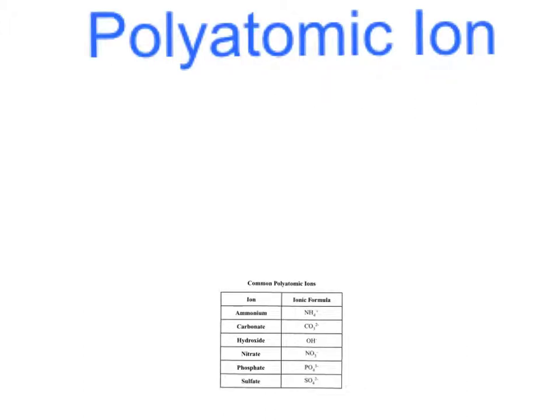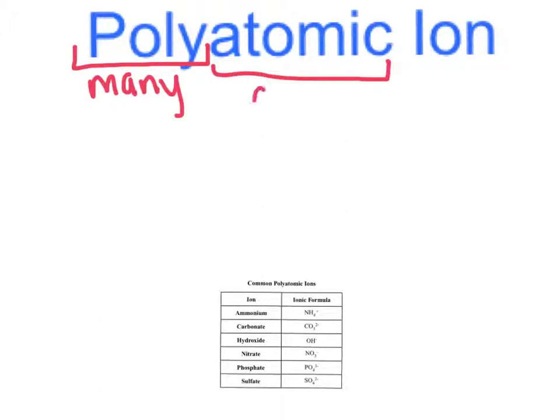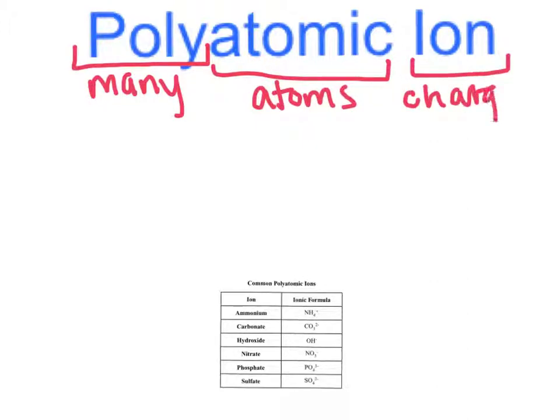So the first thing we're going to do is break down this word, polyatomic ion. Poly, this prefix means many. Atomic sure sounds a lot like atoms, and ion means it has a charge. Okay?